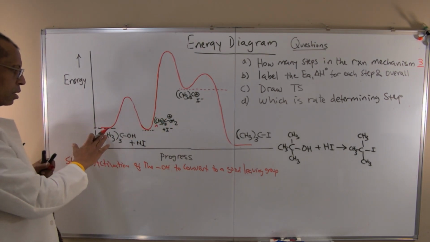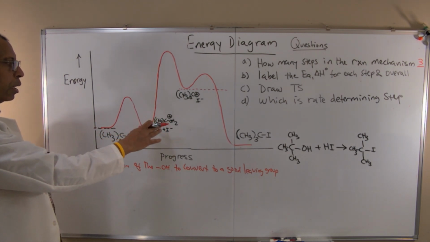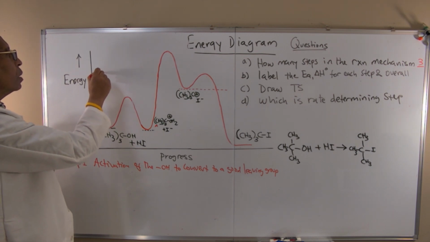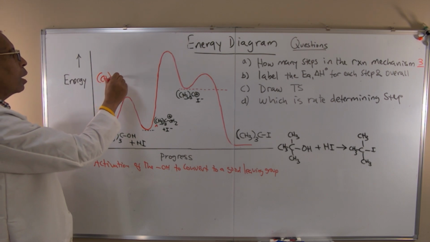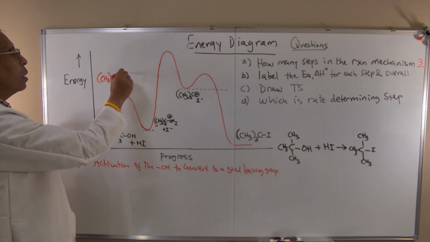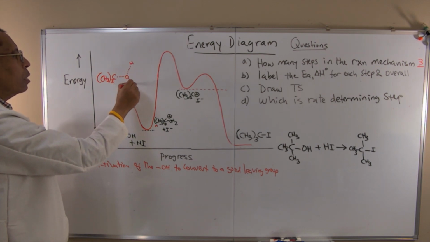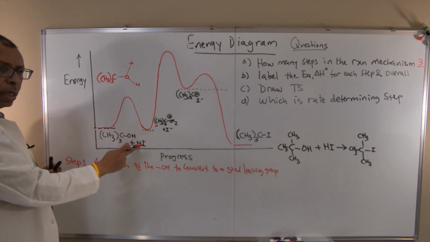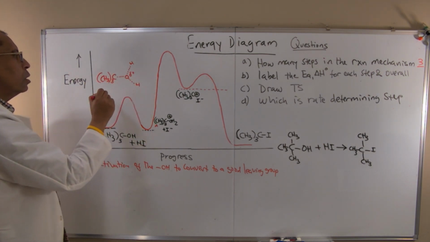The transition state going from the OH to OH2 plus looks like you have the tertiary alcohol, which is about to break, and one H, which is already there, which came from the acid, HI, creating a sigma plus in the transition state.